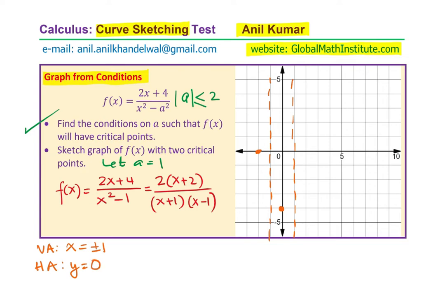So let me draw this horizontal asymptote also. Correct. So we have this horizontal asymptote, which is y equals 0. And these are the vertical asymptotes, x equals plus 1 and x equals minus 1. Correct? X and y intercepts also plotted.